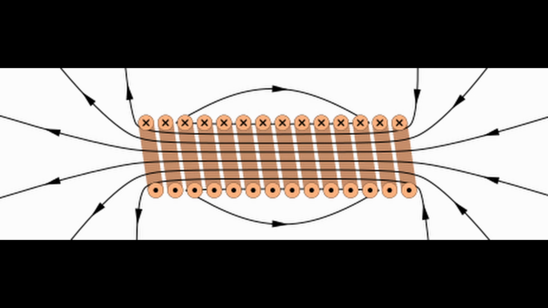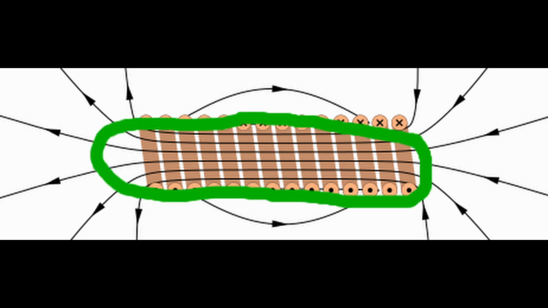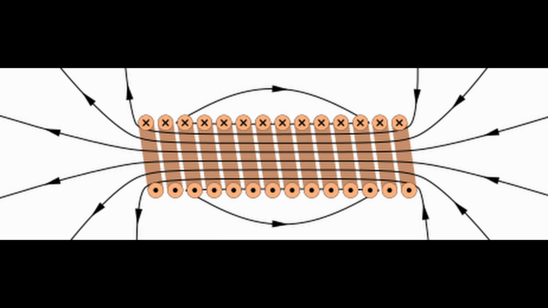Finally, magnetic fields store energy. We look at the example of the solenoid. The energy is stored uniformly throughout the interior of the solenoid since there is little magnetic field outside of it and the magnetic field within the solenoid is uniformly distributed.